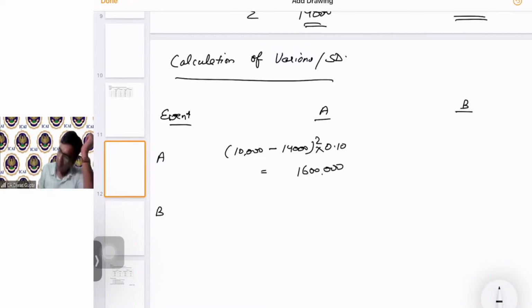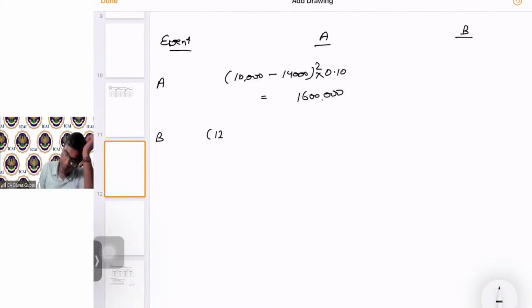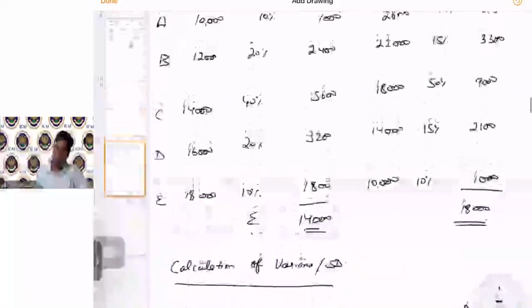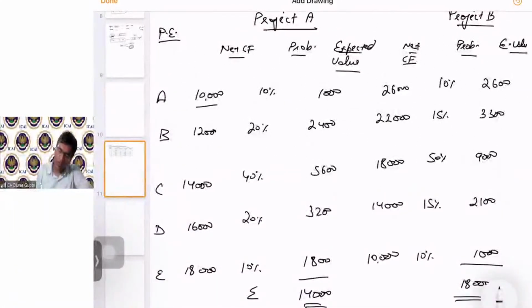Similarly, for project B, 12,000 minus 14,000 raised to the power 2 multiplied by 0.20, which brings us to 8 lakh rupees. I hope this is clear. So we are trying to calculate the deviation of respective amounts from their mean. Okay.